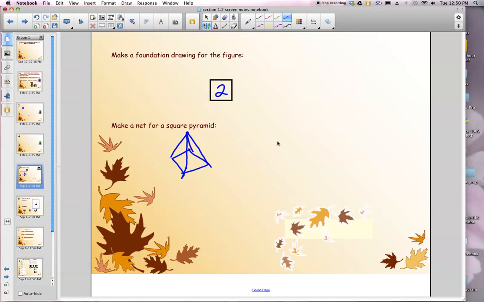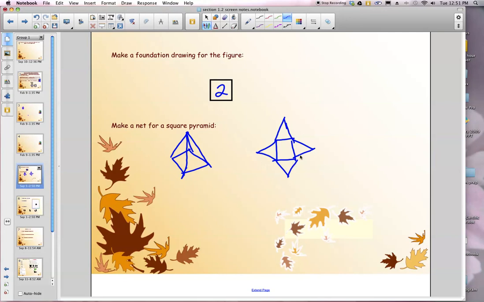So I would draw the square in the middle, and then for me, the easiest way to peel it open is from that vertex, from that top point. So I would just squish it out flat. So I know that there would be a triangle that would come out of each side. Like that. That's one example of a net for a square pyramid.